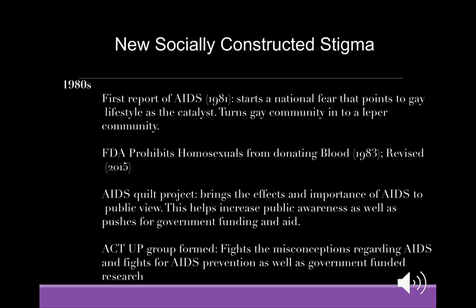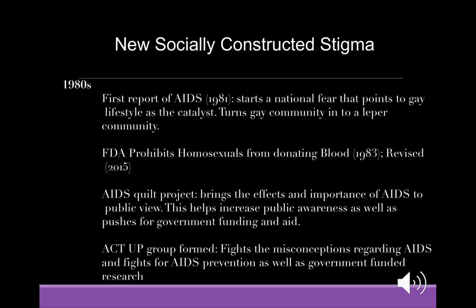The AIDS Quilt Project began to bring this awareness and importance of AIDS and AIDS research to the public. A display that happened in front of the Washington Monument, where AIDS victims' families created these quilts that they would lay down together and create this large quilt on the lawn representing the life and death of someone that they loved.